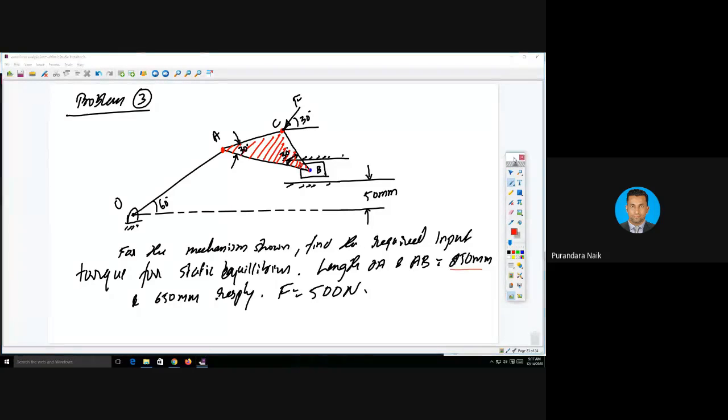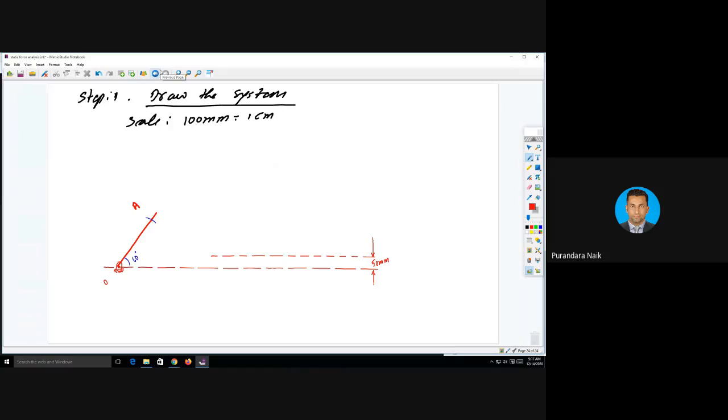Okay. So next is AB length. What is the AB length, Nitin? 650 means 6.5 centimeter.